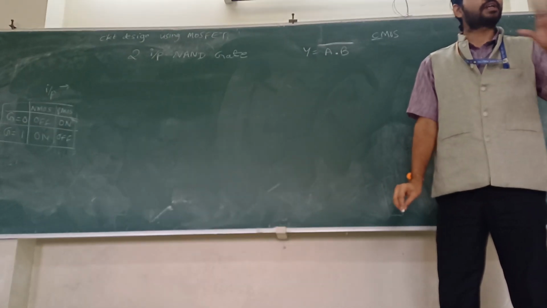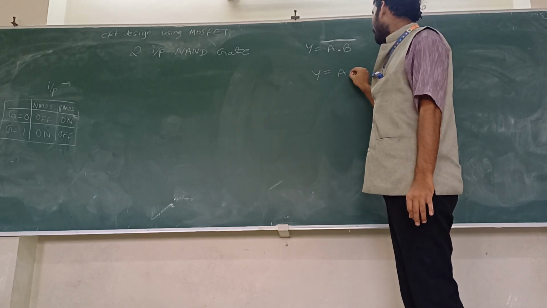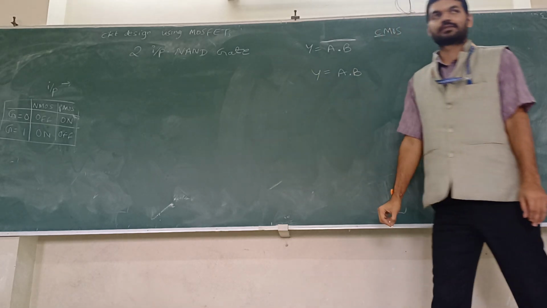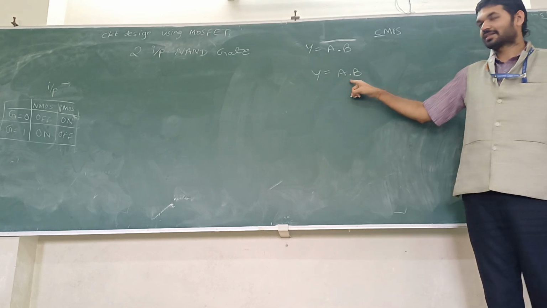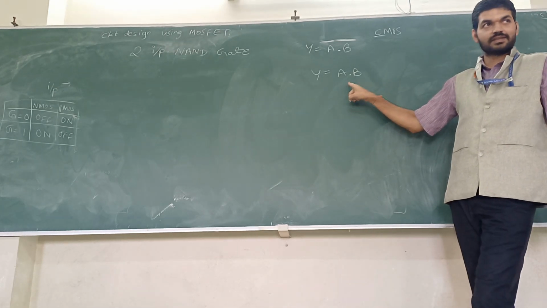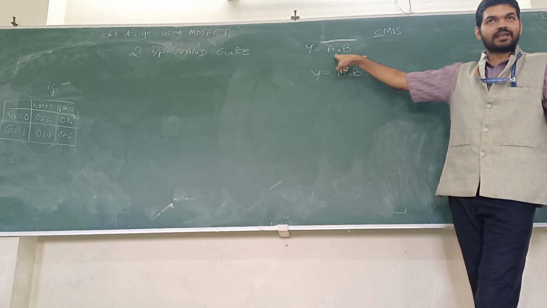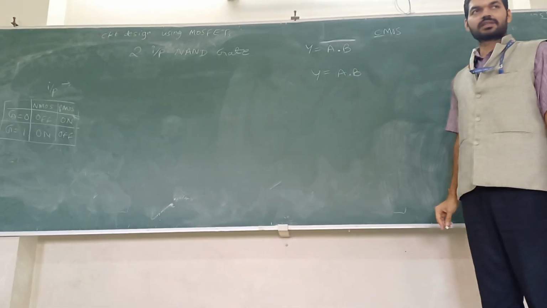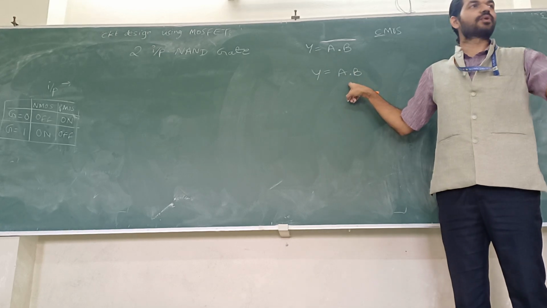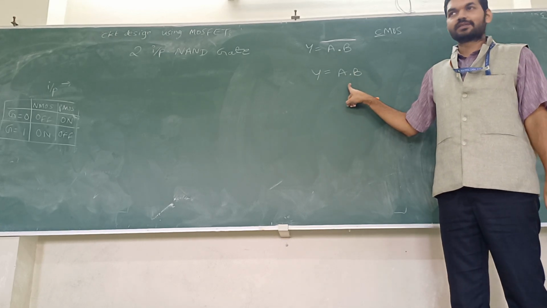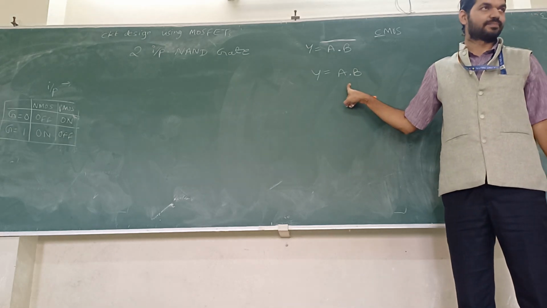Suppose the question does not have a whole bar: Y is equal to A dot B. If this is the given question, which gate is this? This is a NAND gate. If the question says design a 2 input AND gate using CMOS logic, then the first step is we have to bring a whole bar on it.